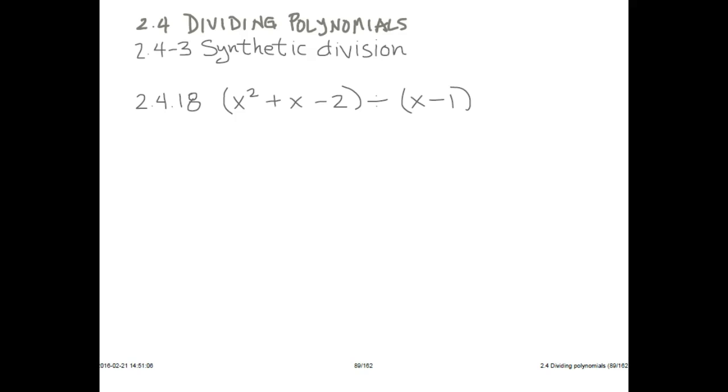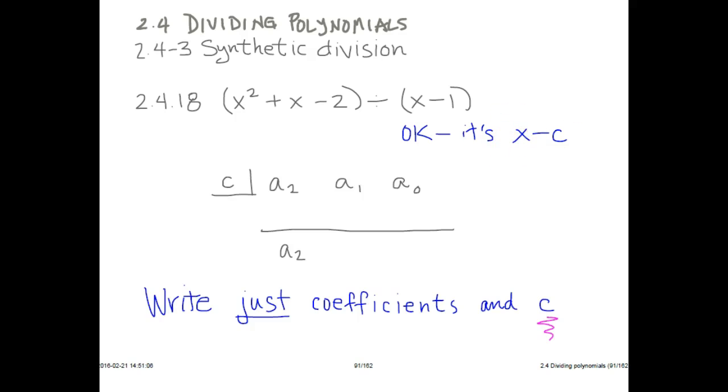And here's our first example. This is something that we don't really need synthetic division to figure out, but we're going to do it anyway. So, we check the divisor. It's a linear factor with a leading coefficient of 1, so that's cool. And now we write the coefficients and the constant in this fashion.